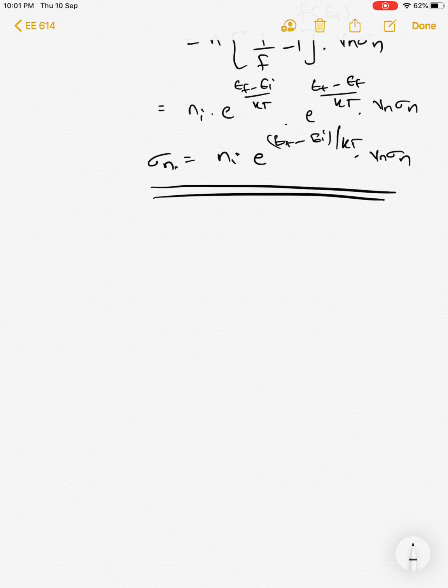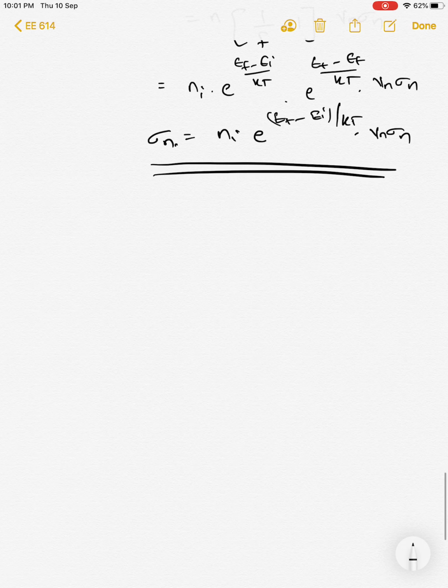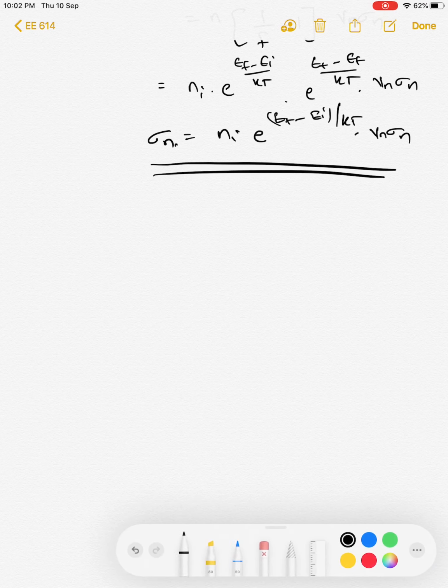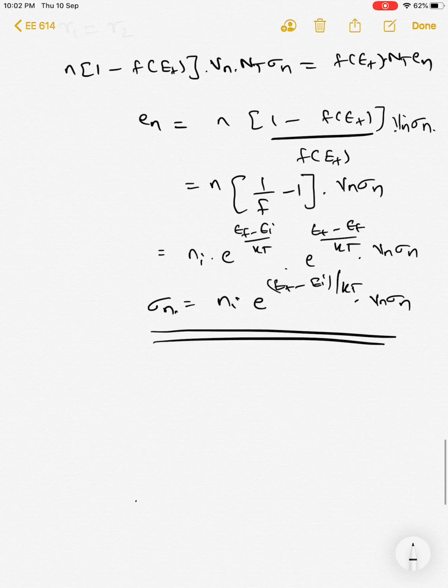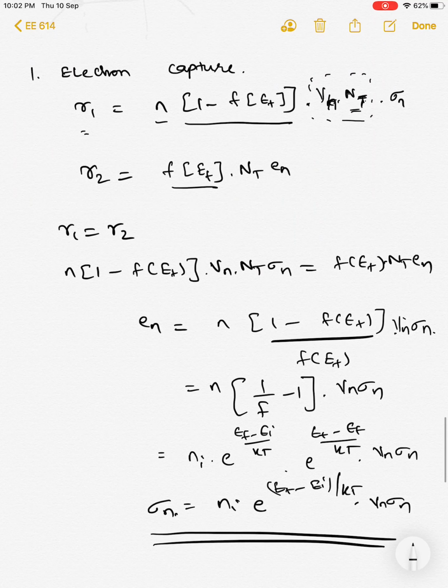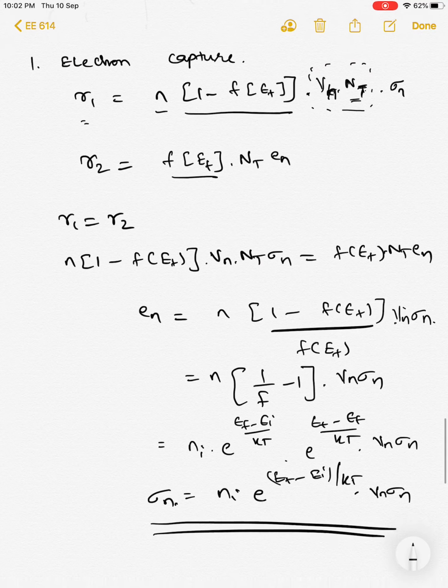Now one can write the same expression for holes. So the hole, you know what, let's go to the hole a little later. At this point we will put it back in this expression, and we'll calculate the net trapping, which is R1 minus R2. R1 is the conduction band to the trap site efficiency, and R2 is the emission efficiency, right?